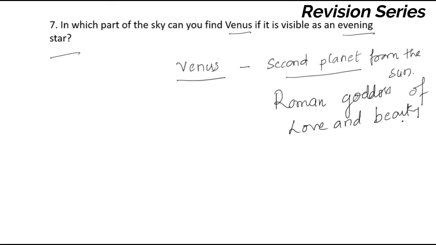You will find many such stories, like even Jupiter is also a name of a Roman god, right? Since it contains more carbon dioxide, right? 98% of Venus is full of carbon dioxide.